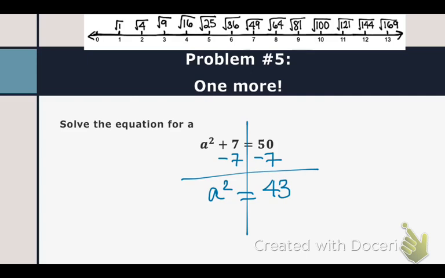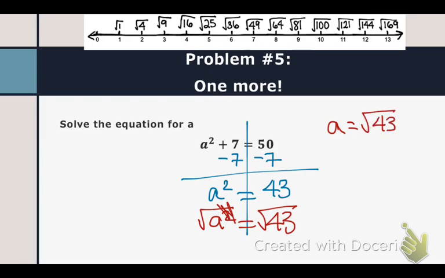Now I have to take the square roots of both sides. Squares cancel each other out, and I'm left with a equals the square root of 43, which, let's estimate that out, is going to be between square root of 36 and square root of 49, which is between 6 and 7.